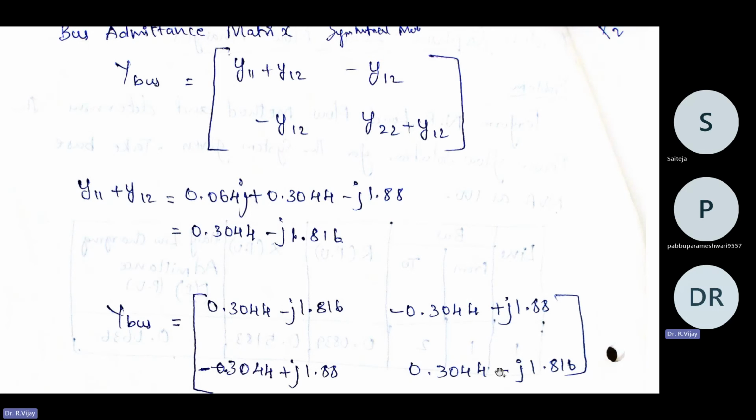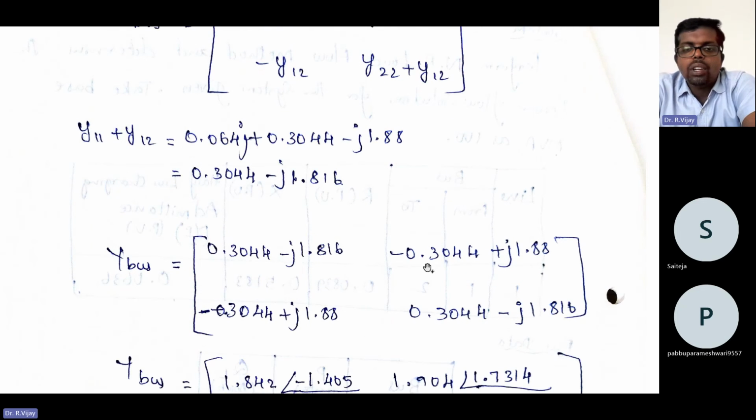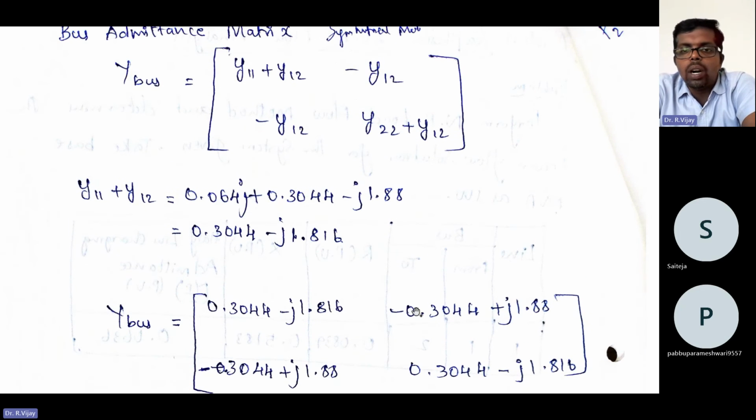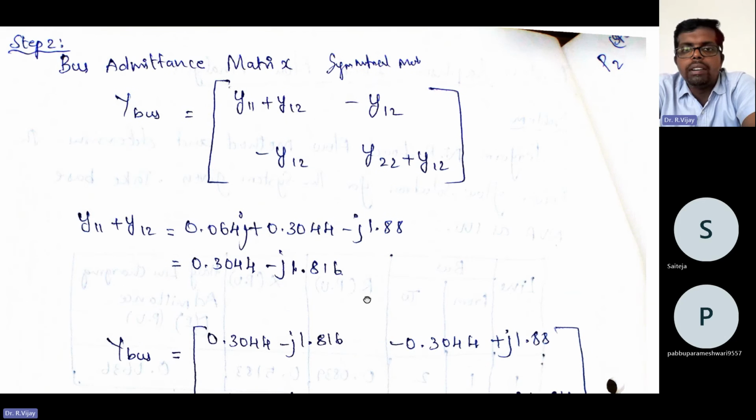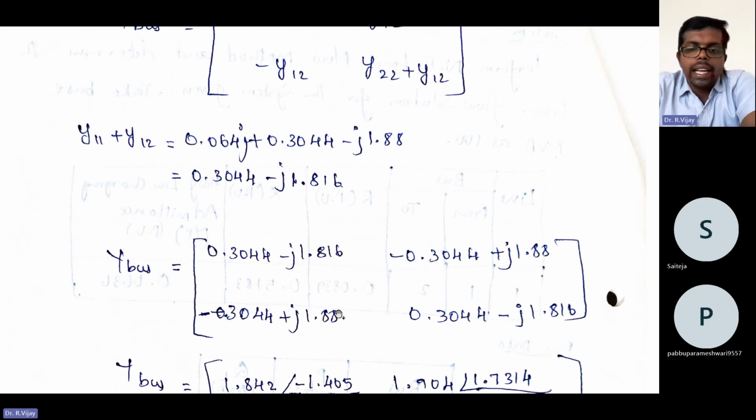Similarly, the same value comes here also, because there also line charging admittance is there and only one element is there. The rest are all the same, minus of 1 divided by Z12, whatever we calculated for Y12; the value is already there, and the same thing we have written.